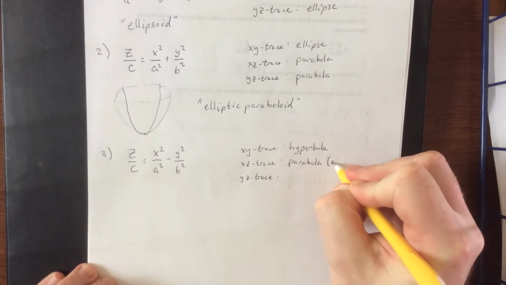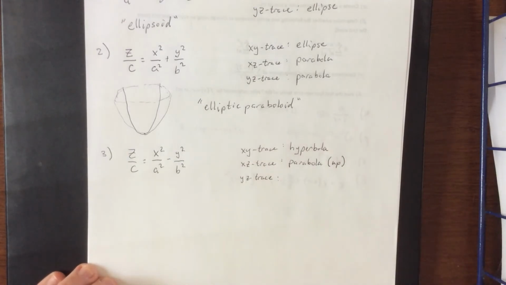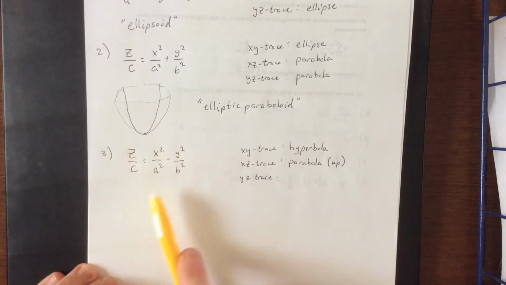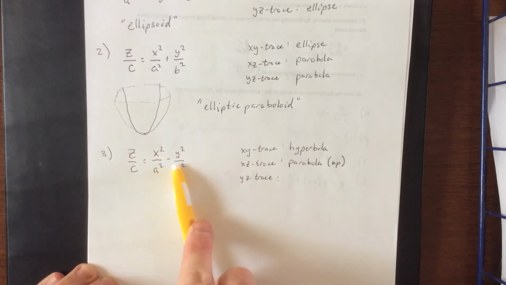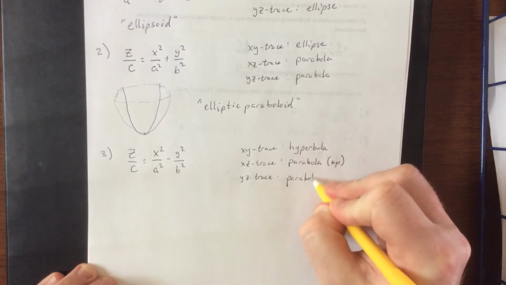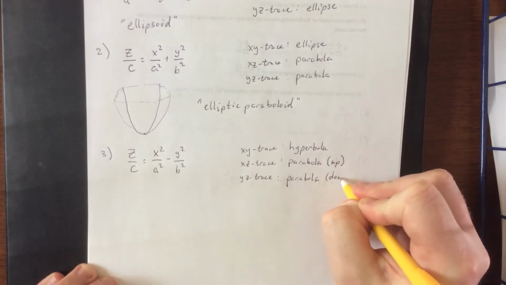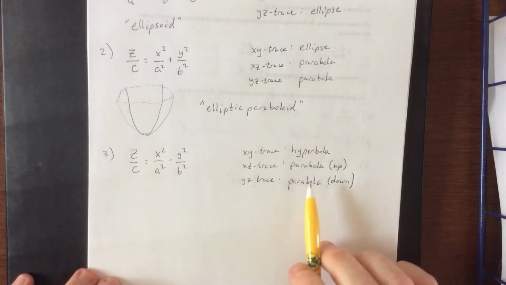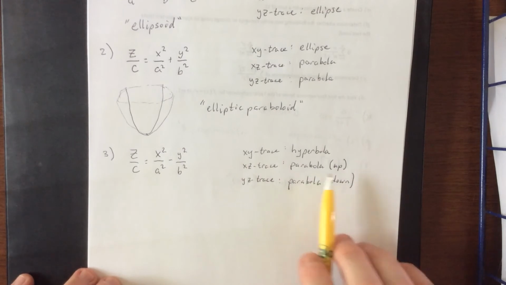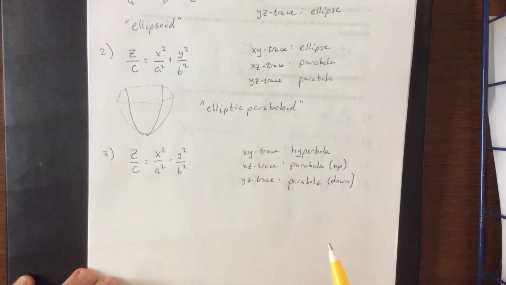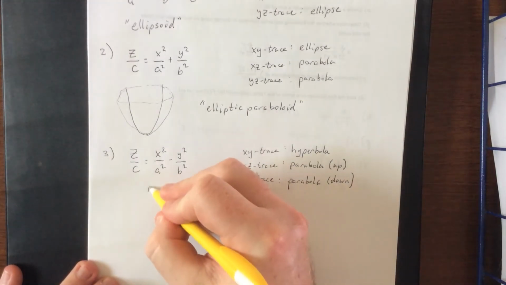Parabola. And I'm also going to indicate that it opens in the upward direction. For the yz trace, if we go ahead and cover up that x variable, this time we wind up with a parabola again, but because of the negative in front of the y squared, that's going to be a parabola that opens in the downward direction. So from one direction, it looks like the vertex of the parabola should be a minimum because it opens upward, and from the other direction, it looks like it should be opening in the downward direction.